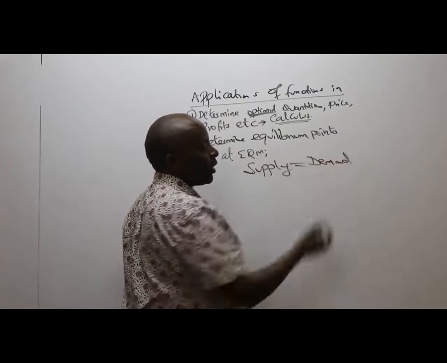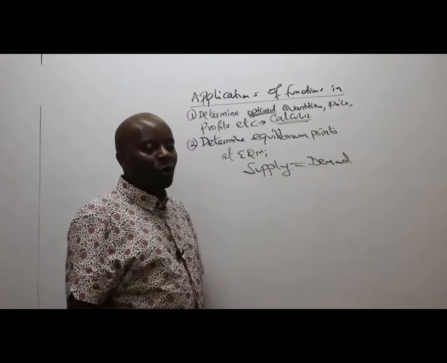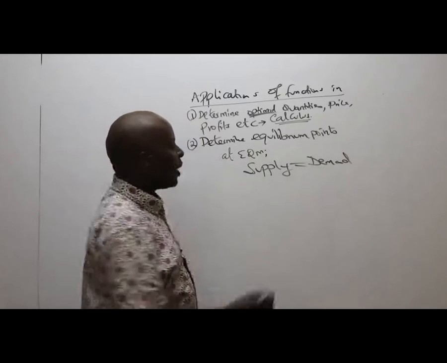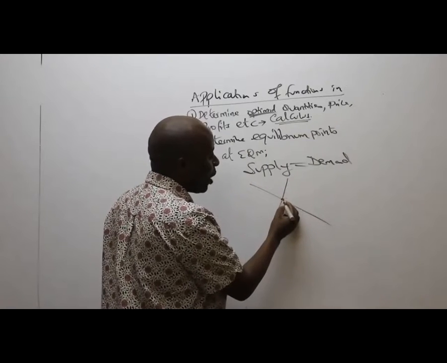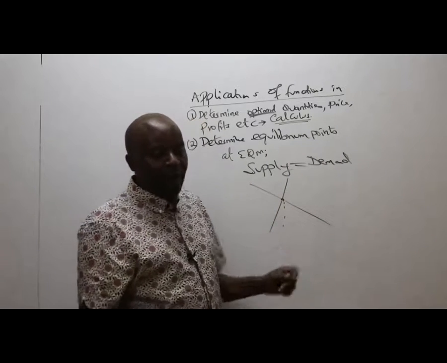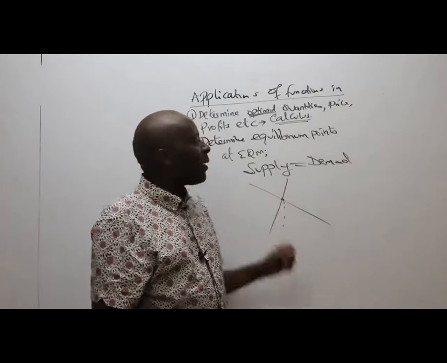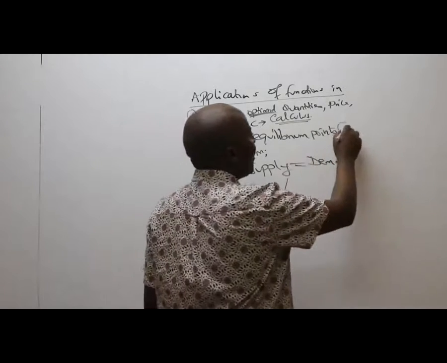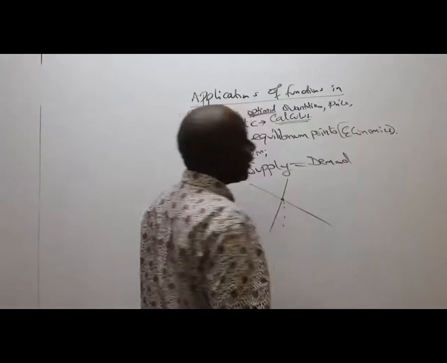Demand function. Supply function will always be equal to demand function. Once you have the two functions equated, then we shall be able to get what we call an equilibrium point. So to determine equilibrium points, basically here in econometrics, or economics, like that.